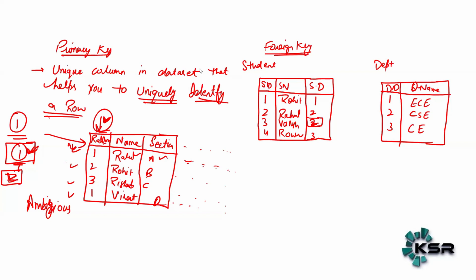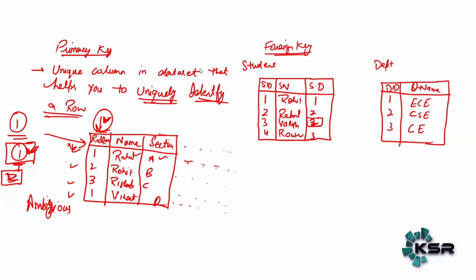ECE. So how to get it? This is a reference. As of now that kind of data is in a different table, right? We have to join the two tables with one of the columns.